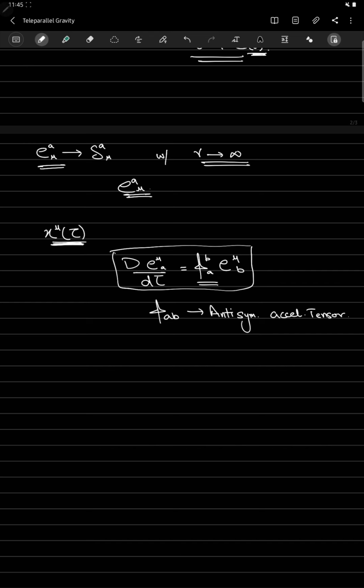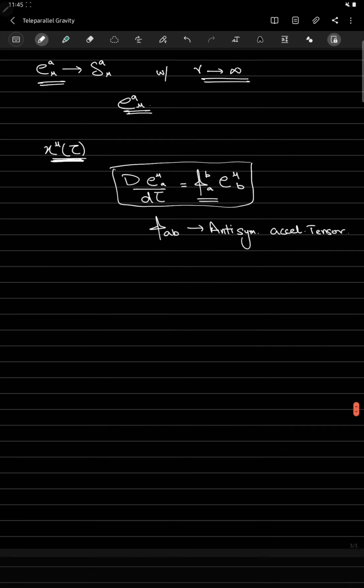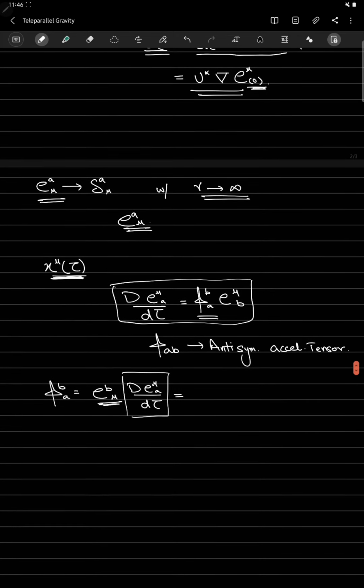Following from this, you get your phi ba as e b mu d e mu a over d tau, times this thing e b mu, and it is equal to, then we know that we already defined this over here.